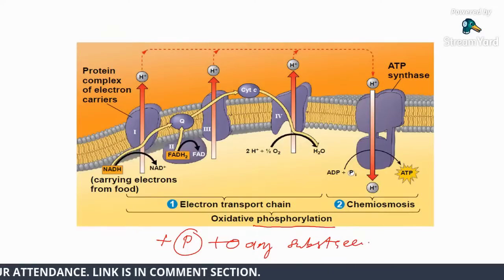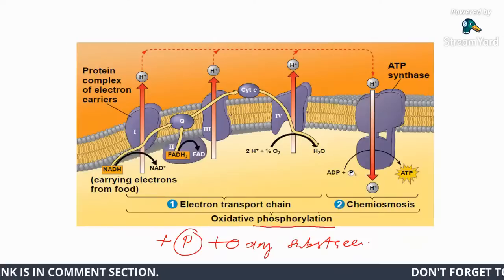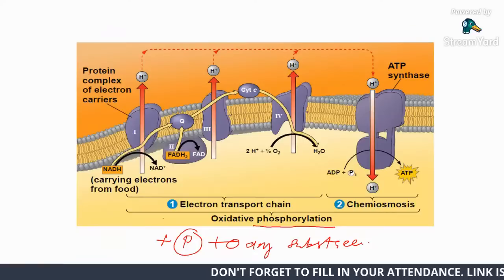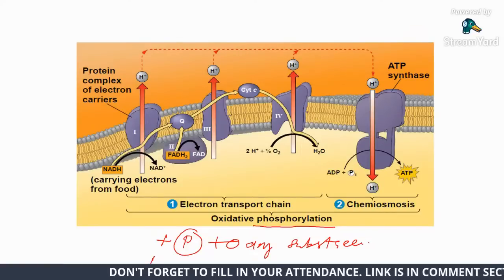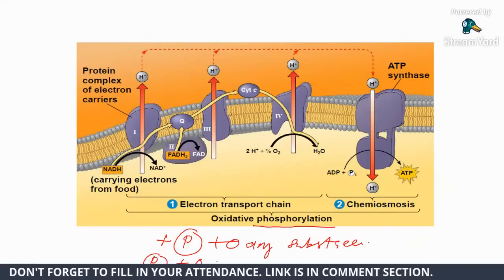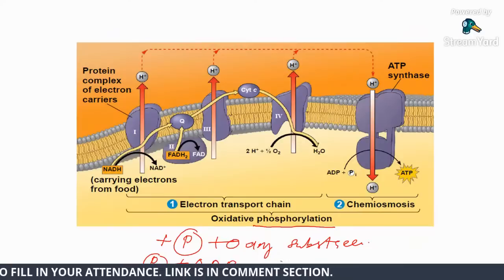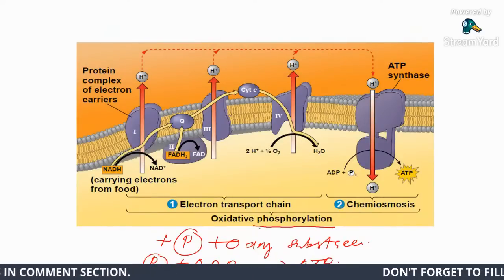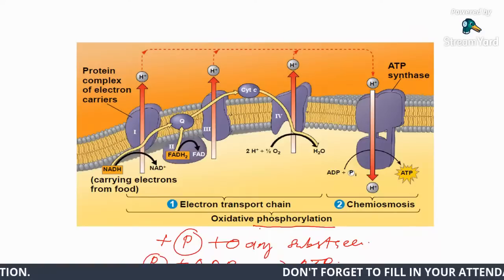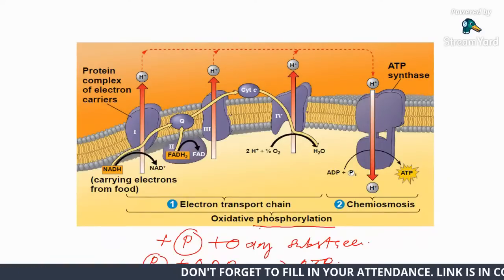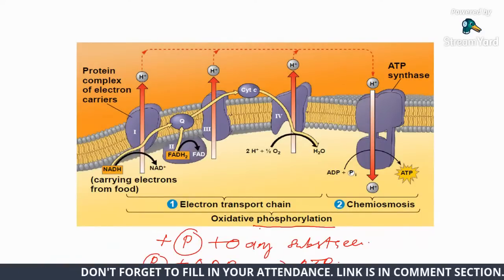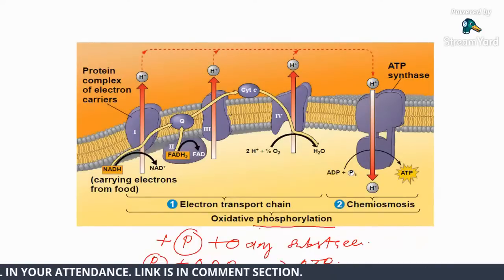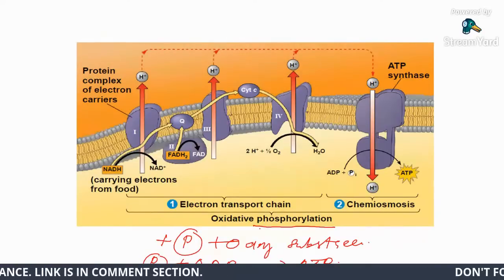As long as you add a phosphate group to any substance, you call it phosphorylation. In this case, we are adding a phosphate group to ADP and we will form ATP, right? So this is phosphorylation in the context of cellular respiration. Because we want to make ATP, phosphorylation is adding a phosphate group to ADP to form ATP, right?